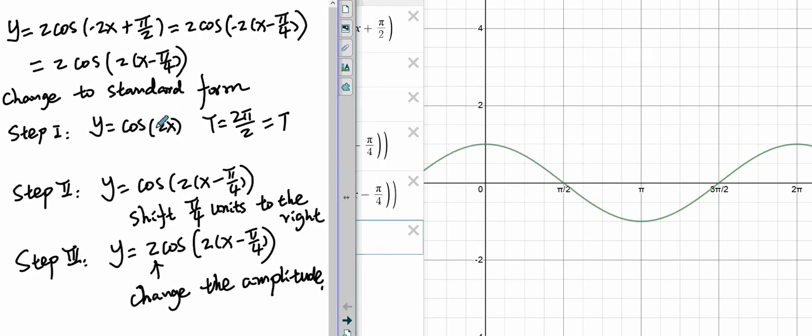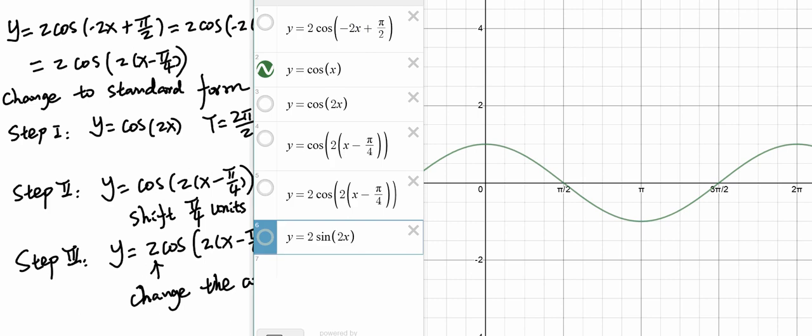Step 1 is to find out cosine 2x, because here is cosine 2x minus pi over 4, right here. So what we first want to do is to find out this one, cosine 2x. That's easy, step 1.